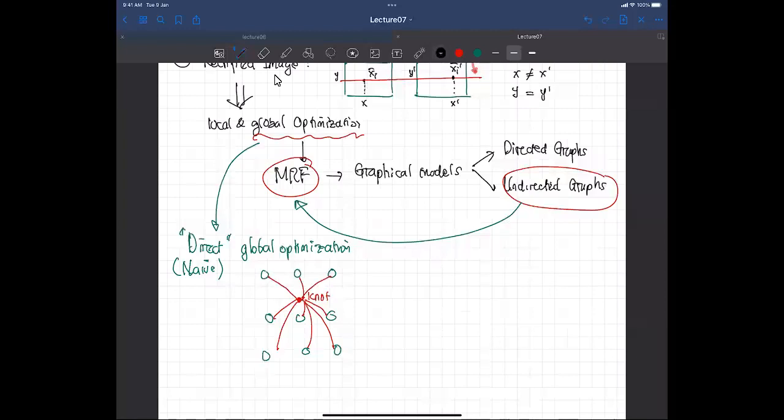So let's take a simple 2 by 2, so that mathematically it can be simpler, right? So it means that you connect this in this way and you connect in that way. This is the same as the knot. Every pixel connects to each other, right? This means that we have to express it mathematically as the probability of x1, x2, x3, x4. So this is a joint probability of all the nodes here.